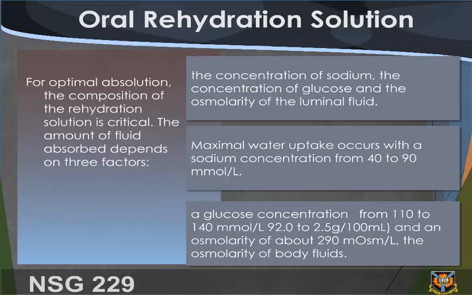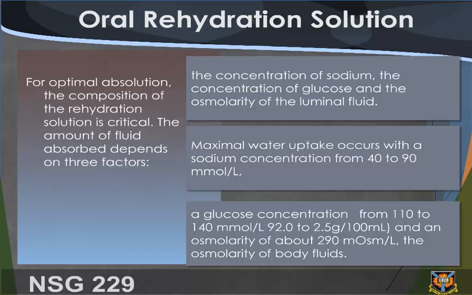Oral rehydration solution. For optimal absorption, the composition of the rehydration solution is critical. The amount of fluid absorbed depends on 3 factors: the concentration of sodium, the concentration of glucose, and the osmolarity of the luminal fluid.